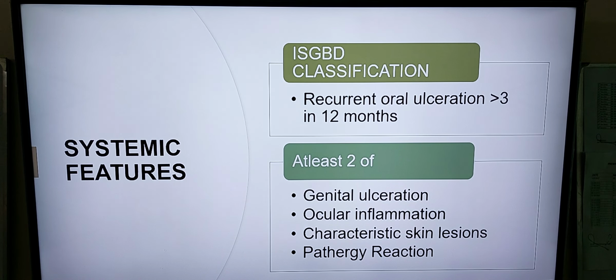So coming to the systemic features of Behcet's disease, the International Study Group for Behcet's disease classification gave diagnostic criteria.